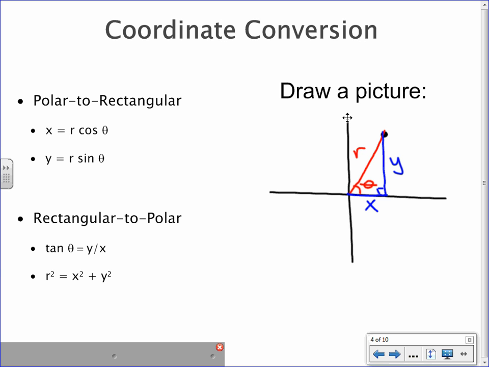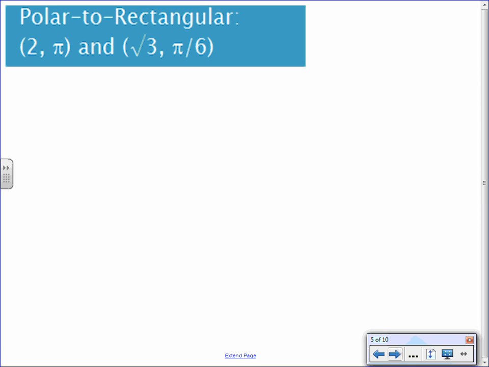I'm going to give you 2 of each kind. Okay, so first we have the coordinate 2, pi. This is in polar form. I want to get it to rectangular form. How do I find x?